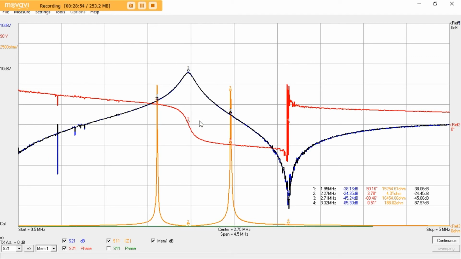Whereas this characteristic here is associated with the series fundamental resonant frequency, which is predominantly based on wire length in the secondary coil.